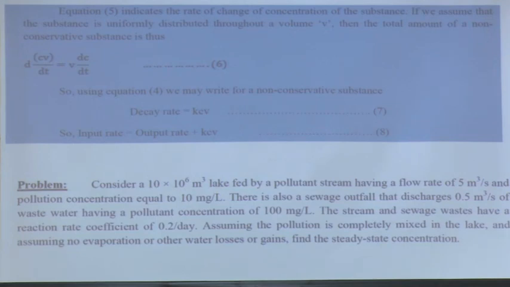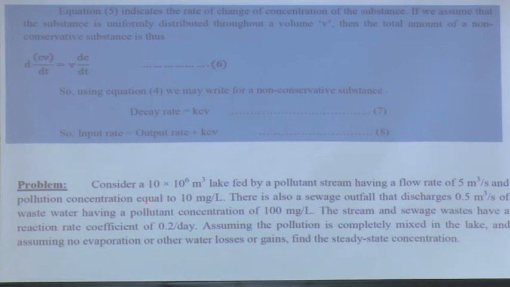So, you can take note of this problem: consider a 10 to the power 6 meter cube lake fed by a polluted stream having a flow rate of 5 meter cube per second. The best way to solve all this is to convert it into a sketch, then it will be easy.